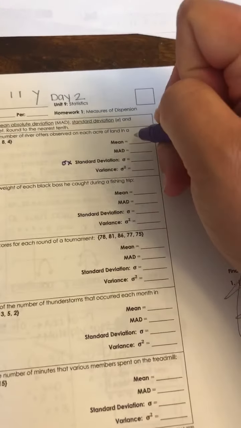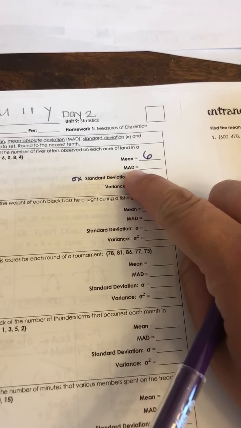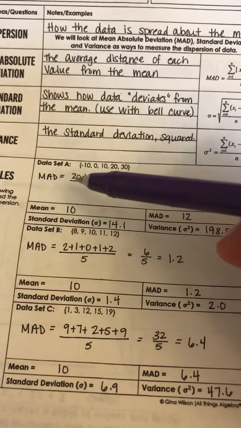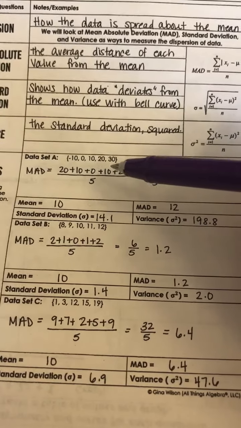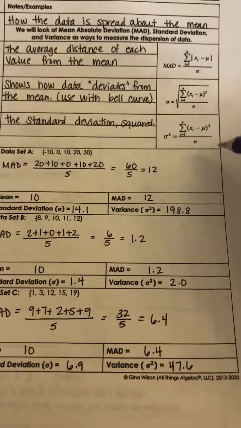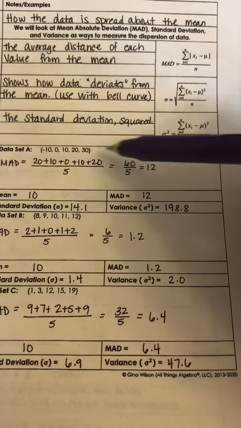So if your average is 6, in order to get the mean absolute deviation, you can look at the examples over here. In order to find the mean absolute deviation, you literally find the difference between the data point and the average. You add all of those together and divide by how many there are.